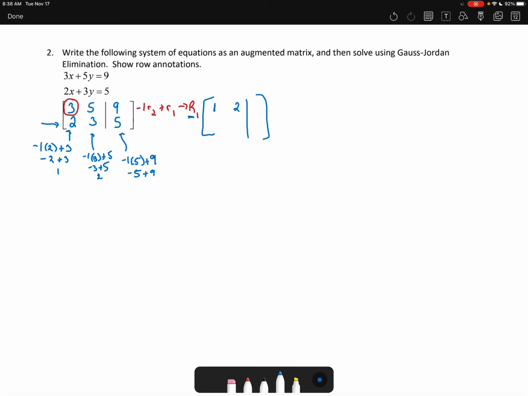Negative 5 plus 9 is 4. And I'm done at this stage with this row operation. I have used row 2 to do that, but the only row that gets replaced is whatever row you write right there. So row 1 was the only one that got replaced. Nothing happened to row 2.